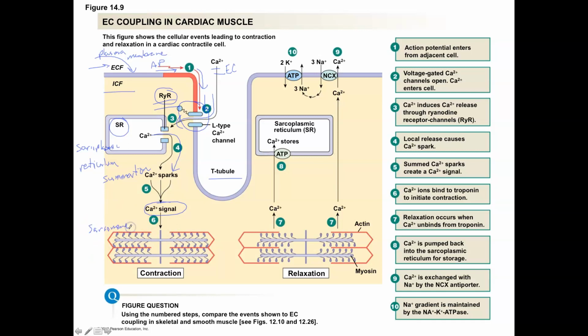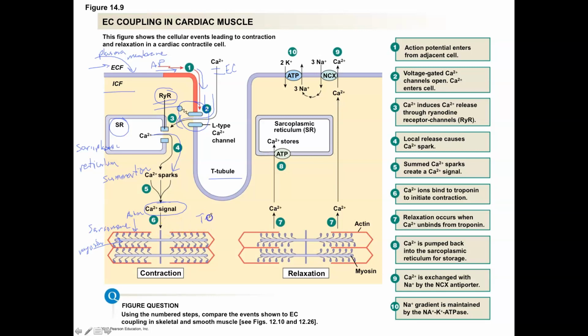And again, the sarcomeres are predominantly made of actin and myosin. So the actin is in red, and then the myosin has these sort of globular head structures. And so the calcium signal, the calcium ions are moving to the sarcomeres, diffusing, and they're going to bind with a protein known as troponin.